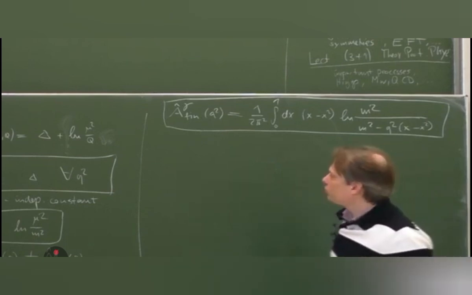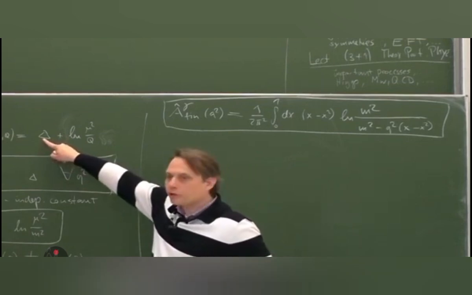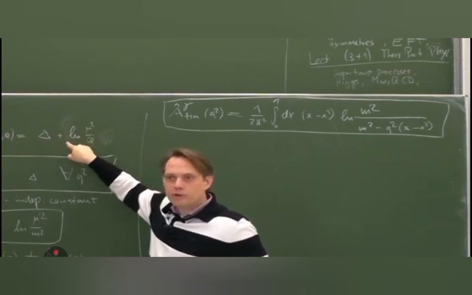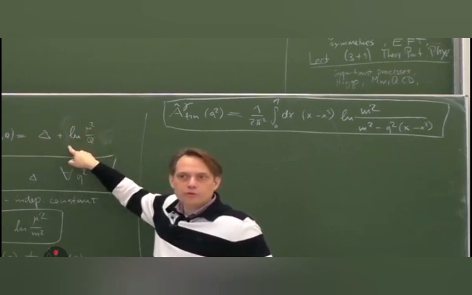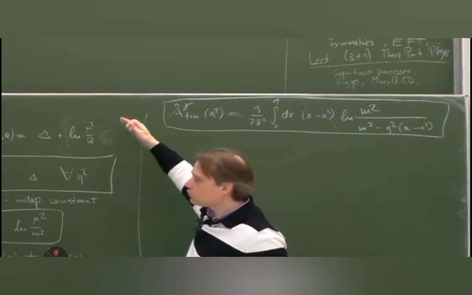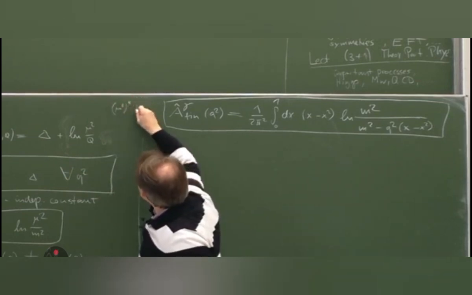So what you can memorize and what I know is that the relative sign between the divergence delta and the ln mu square is always positive. You can see this from the derivation that actually we started with mu squared to the power epsilon times gamma of epsilon.